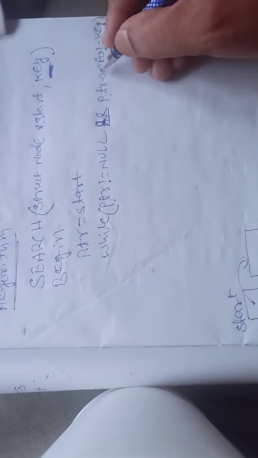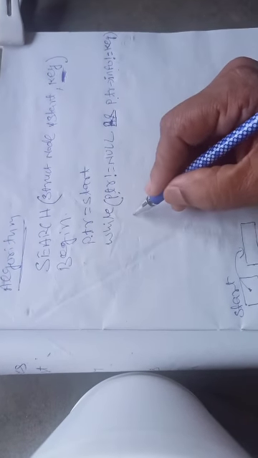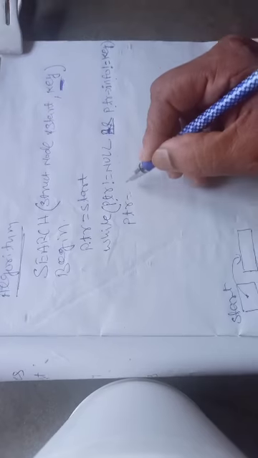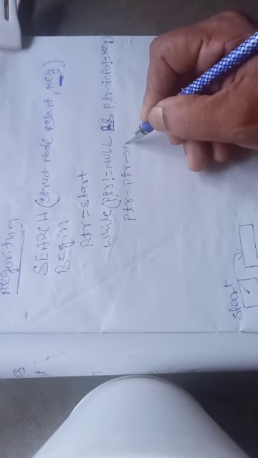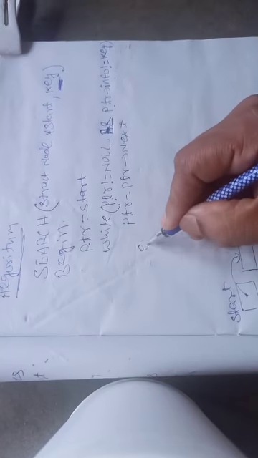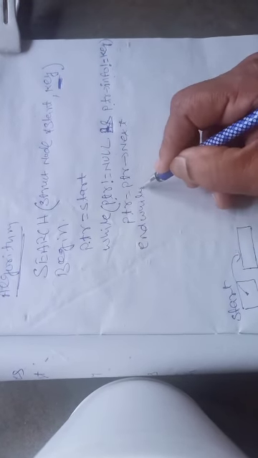If both these conditions are satisfied, as long as ptr not equal to null and ptr of info not equal to key, then I shall perform ptr equal to ptr of next, and here I'll write end while. I'll explain both of these conditions.